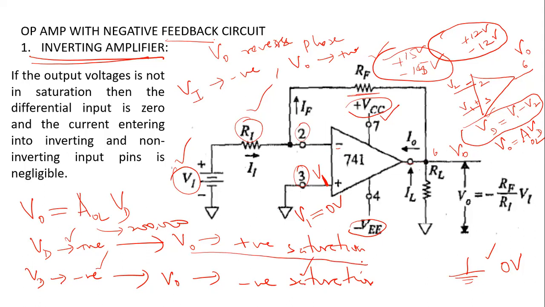So if you are considering very small fractional seconds, the output voltage is supposed to flip between negative and positive saturation. But once you have this feedback circuit, this op-amp has a very interesting property: with the help of this feedback circuit, it will eventually set the voltage at pin number 2, which is denoted as V2, and the voltage at pin number 3, which is denoted as V1, as equal.